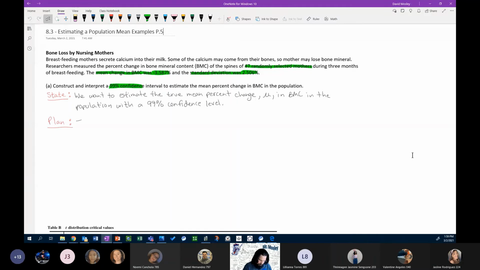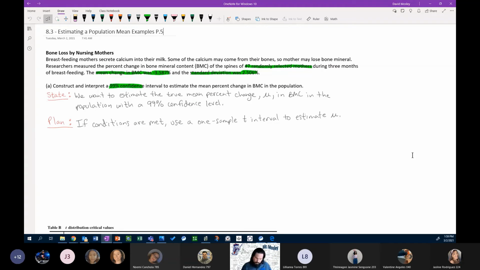So if conditions are met, we're going to use a 1 sample t interval to estimate mu.